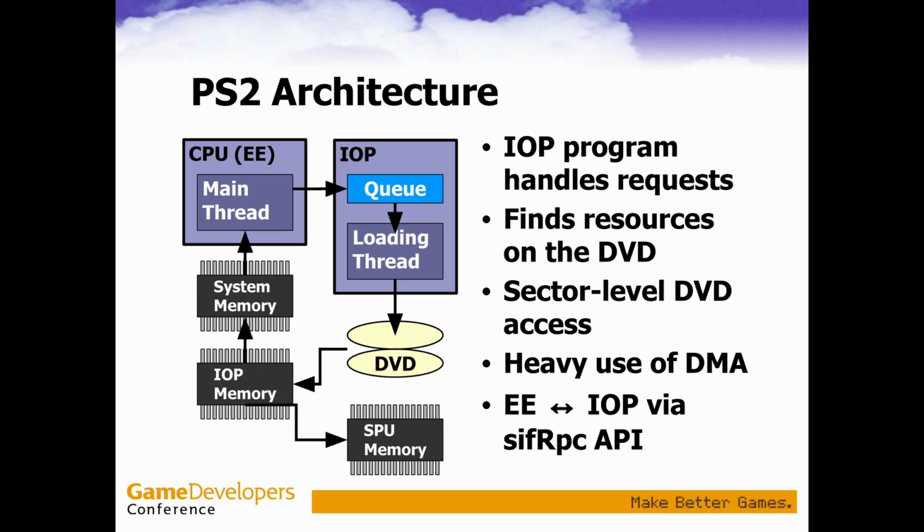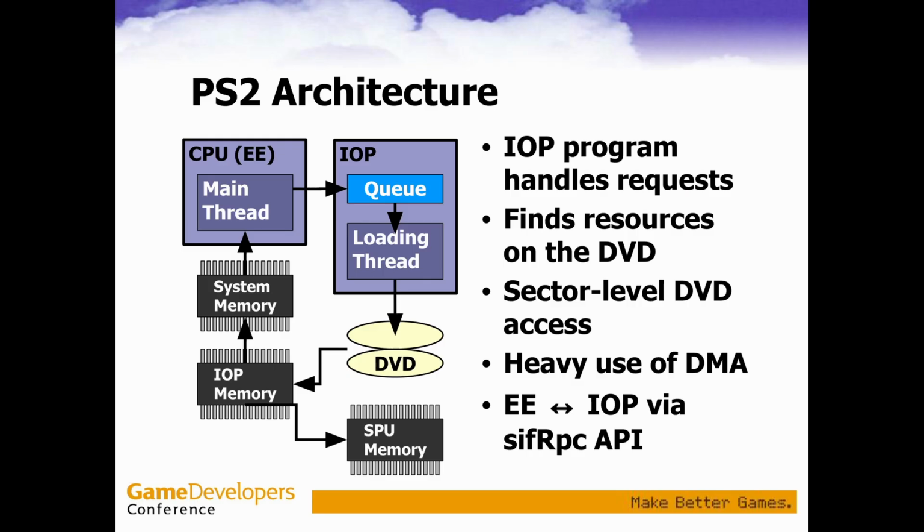In PS2, it gets a little more complicated, but has some advantages in that you can build your own custom program that you can put on the IOP that can do a lot of interesting things that you might have less advantage of putting on the main CPU, because the second thread, of course, is going to take time slices away from the main thread.